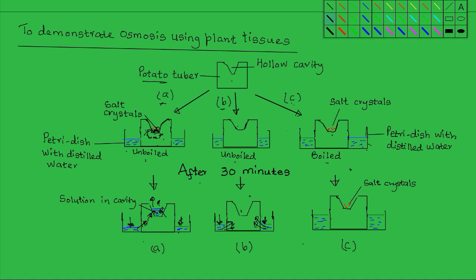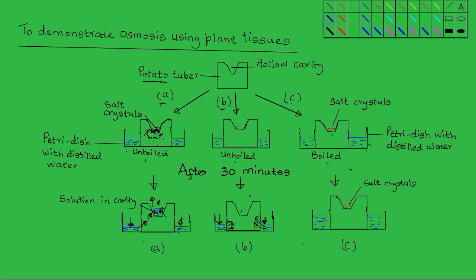In the third tuber, where there is no observable change, this comes about because boiling destroys the cell membrane. Now, with the destruction of the cell membrane, no osmosis can take place.